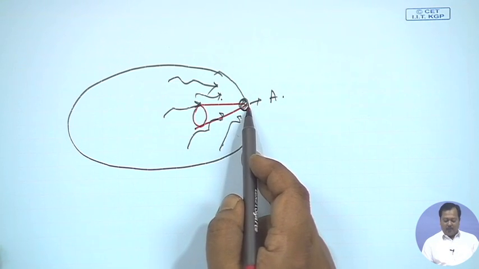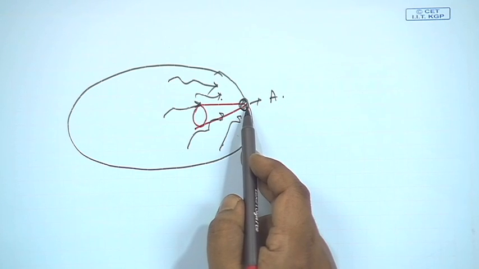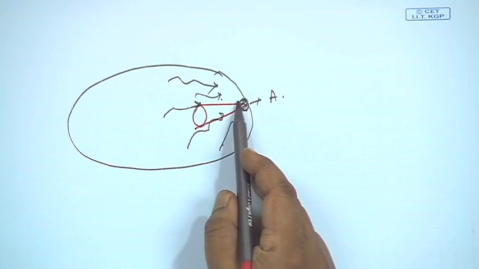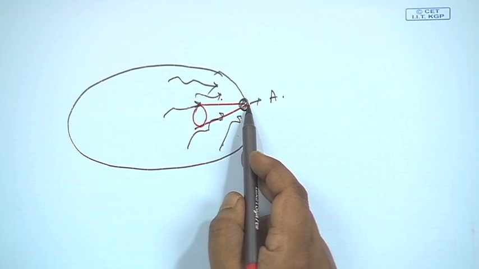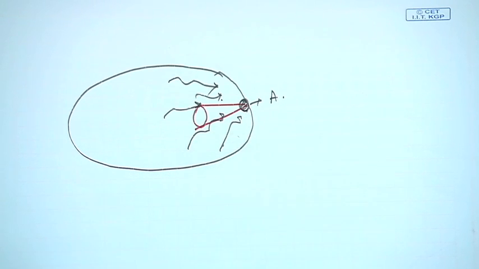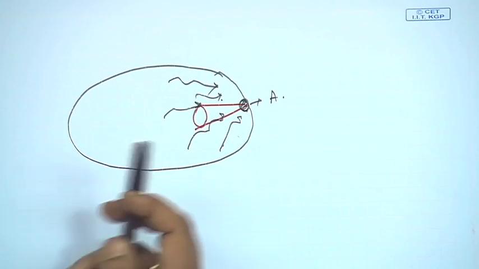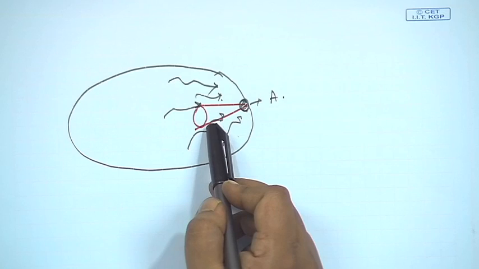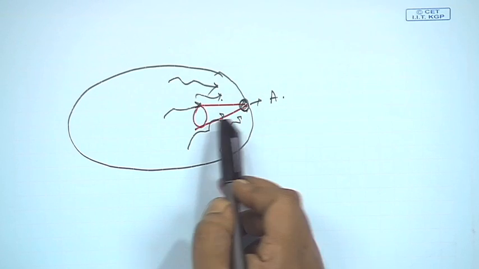So the brightness, as you see, represents the radiation per unit area and per unit bandwidth, per unit hertz. The unit of brightness is watt per meter square per steradian hertz.